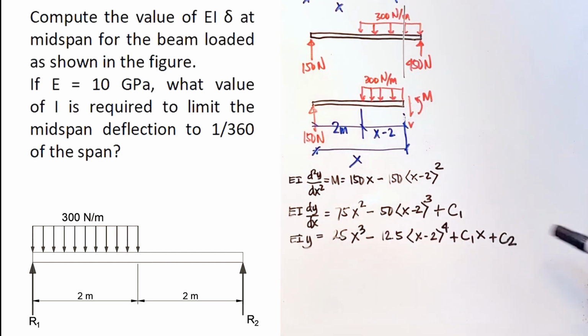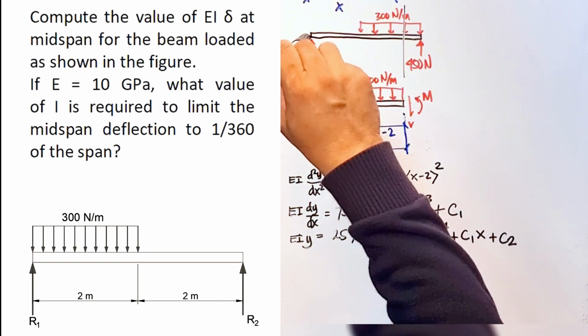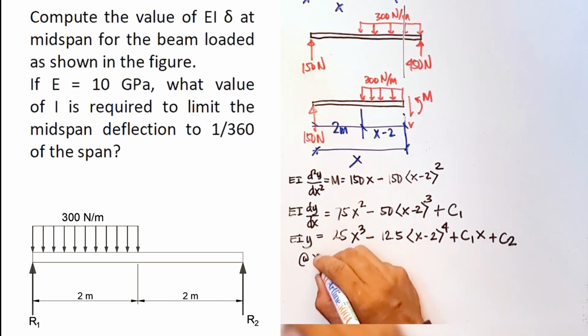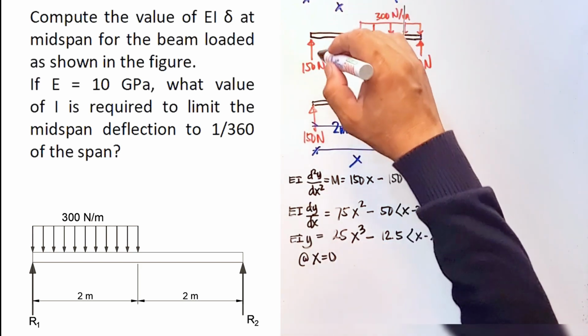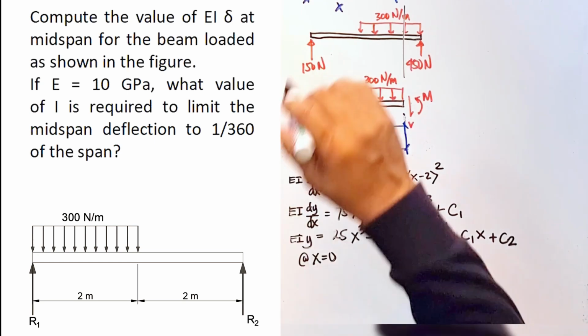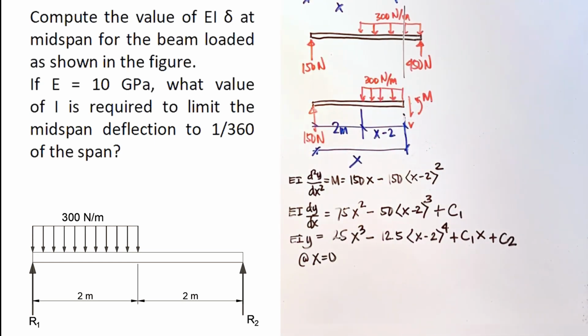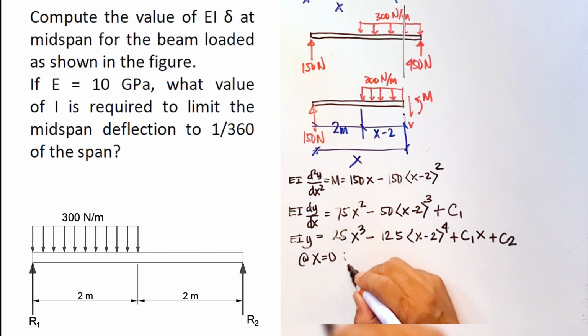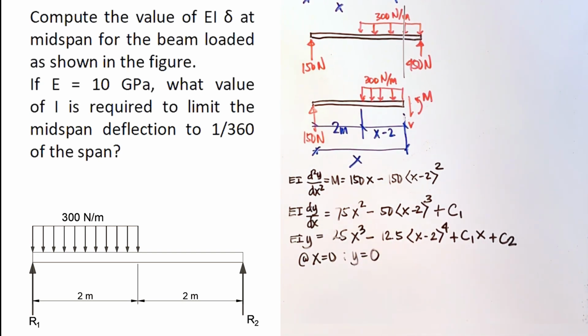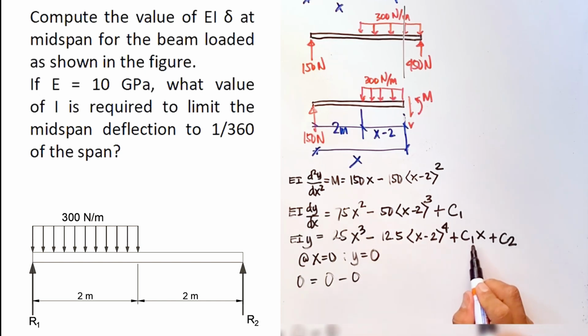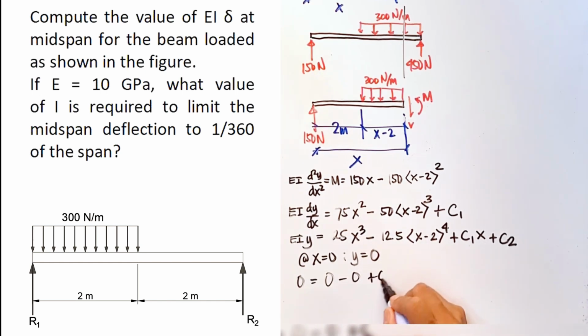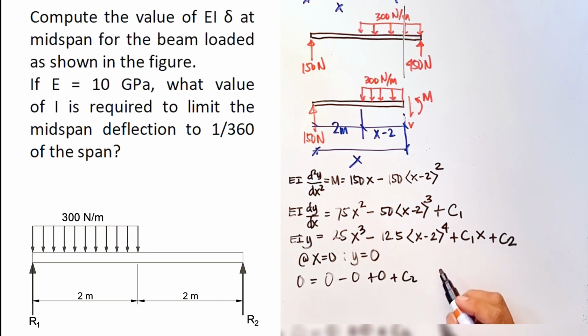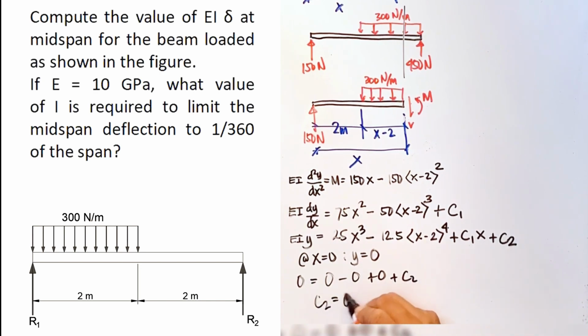So what will happen is that at the left side, x equals 0. And at the left side, there is no deflection because of the presence of the support. So that means y is also 0. So the deflection equation becomes 0 equals, this is 0, this is negative, so we'll consider that 0. C1 times 0 is 0 plus C2, and that will give us C2 equals 0.